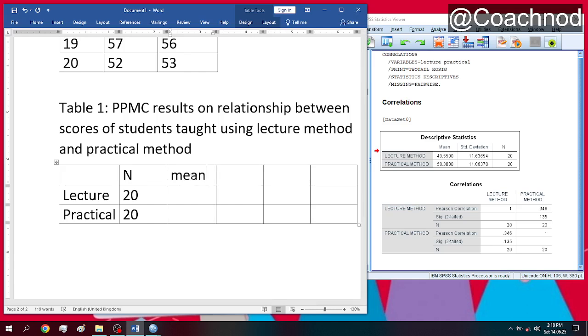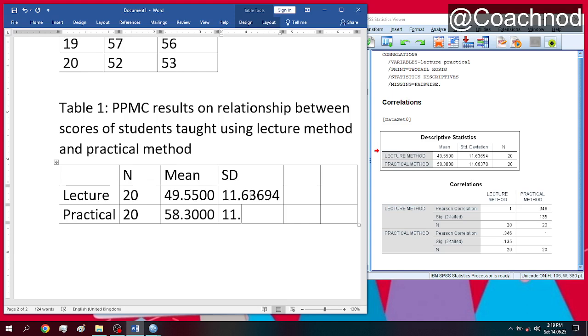Mean, the first mean is 49.5500. Mean for practical is 58.3000. SD is 11.63694 and 11.86370.